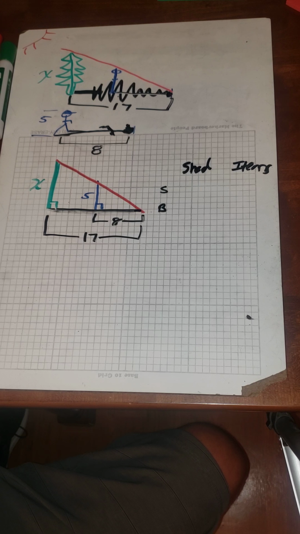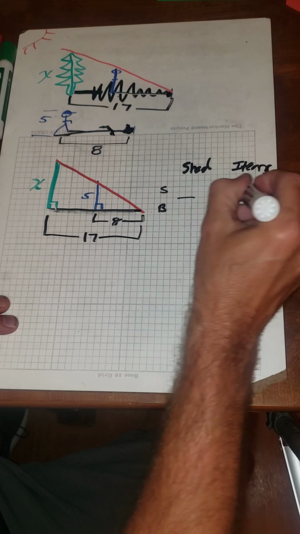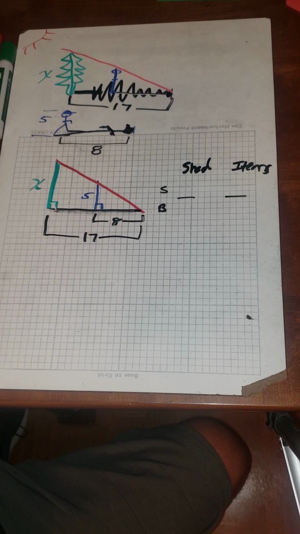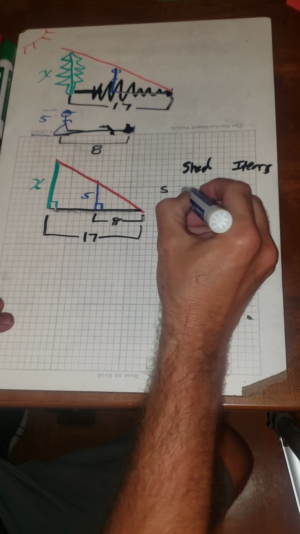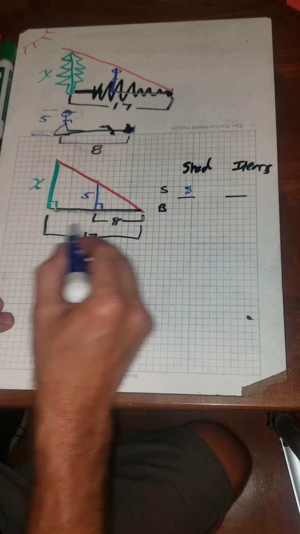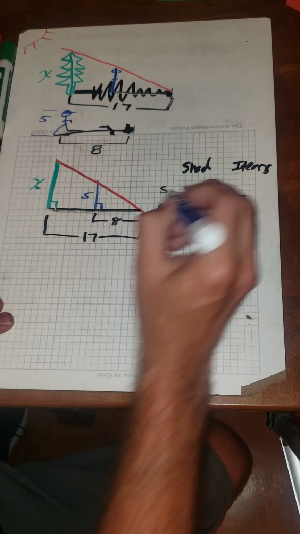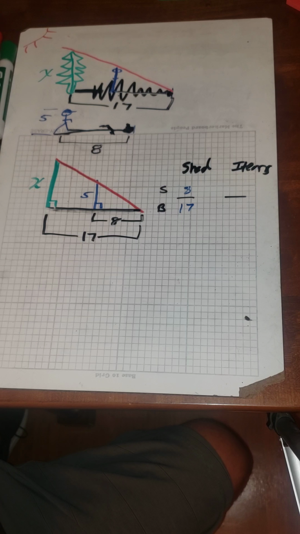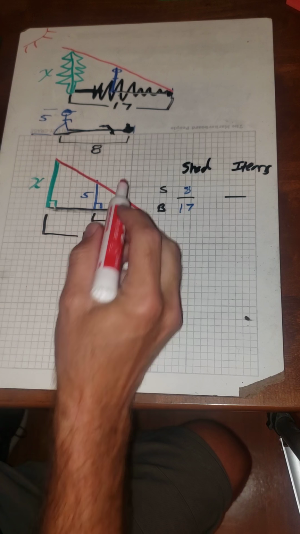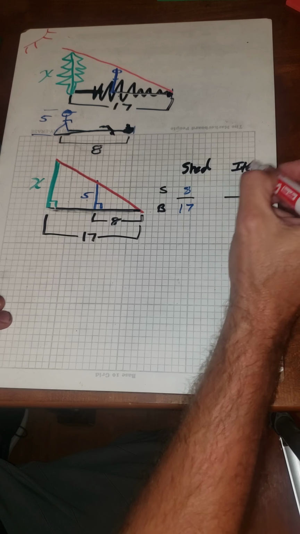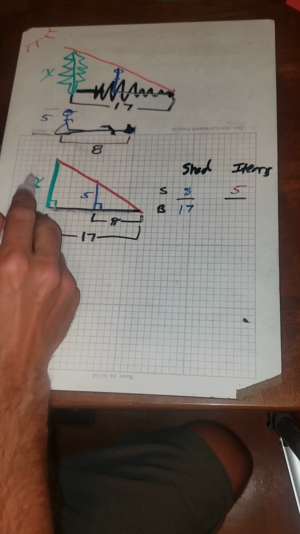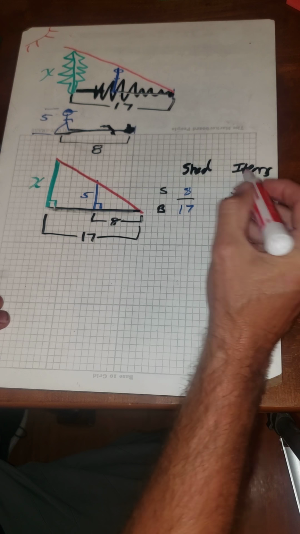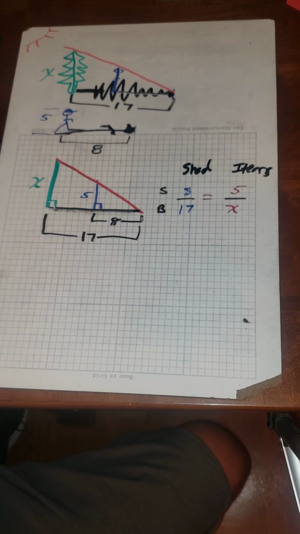So let's see here. So we have the small shadow is equal to 8. That's the small shadow. And the big shadow is equal to 17. So there's the big shadow. And then the small item, or person in this case, the small person, the small item is 5. And the big one we don't know. That's the x. So there's one of my 4 proportions that I could write.